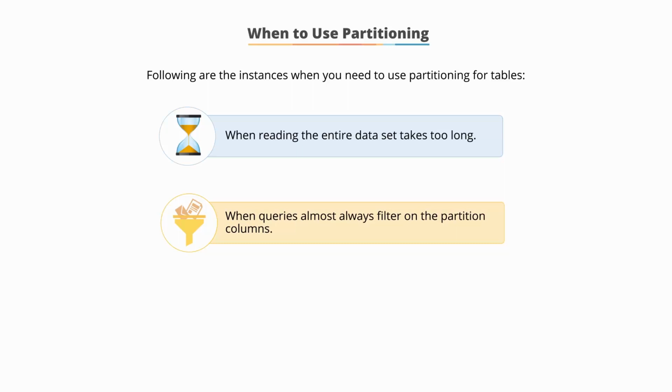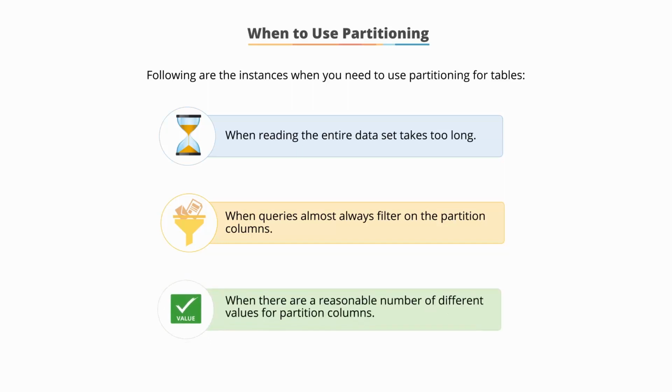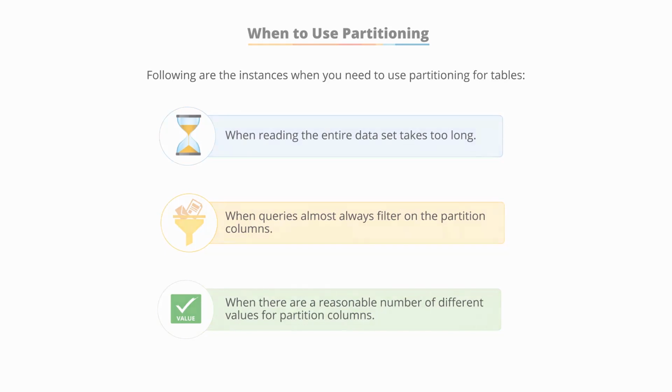If you have a large number of queries that are filtering a specific column, you may want to add a partition for that column. And last, there are a reasonable number of different values for partition columns. If you're going to use partitioning, you typically don't want just 2 values. You may want several to increase the performance of your queries.